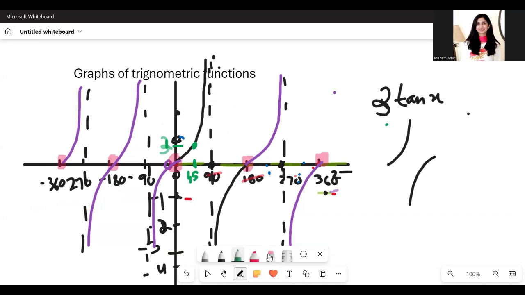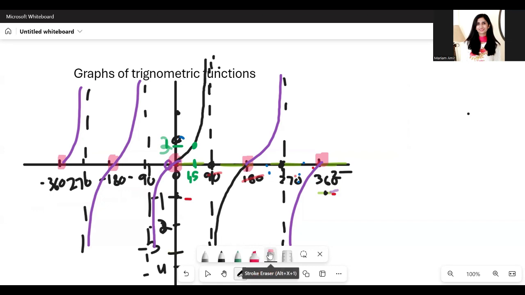All right. Now let's discuss the graph of negative tan x. Let me just cut paste the graph from the worksheet to save time. Minus tan x is again a reflection on the x-axis.